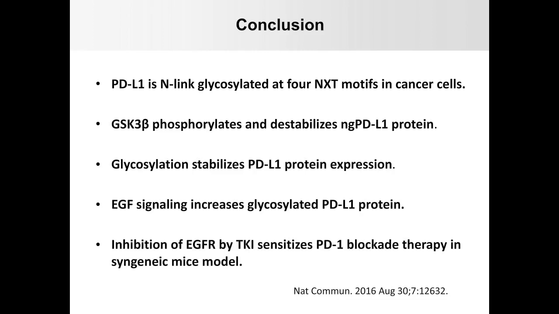The upstream signaling is EGF, which can increase the glycosylated form of PD-L1. So if we inhibit the EGFR signaling, we are able to sensitize triple-negative breast cancer cells to anti-PD-1 therapy in the syngeneic animal model.